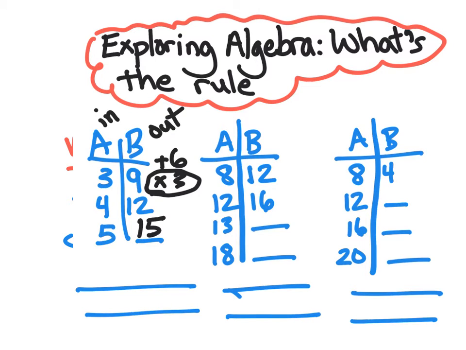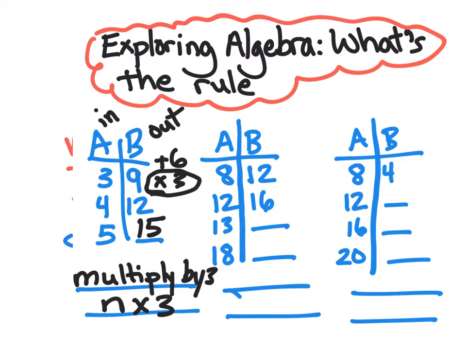So to put this into words, my rule would be I would multiply by 3, or to write it using a variable, let's say our variable is the letter n, because remember, a variable is a letter that stands for a group of numbers. So let's use n. So another way to write this would be to take a number times 3.